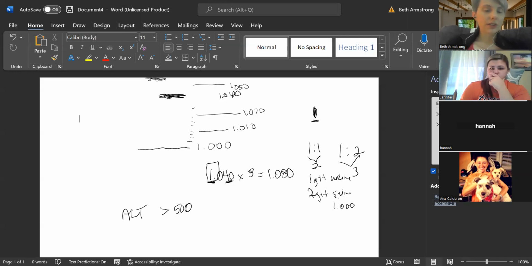There are a lot of machines that already give you a dilution option and will dilute it and do the math for you. Or you can just run it like a normal sample and then do the math at the end.